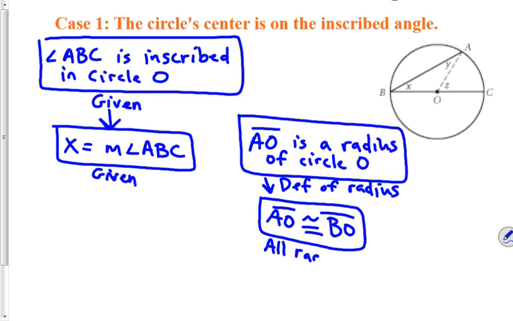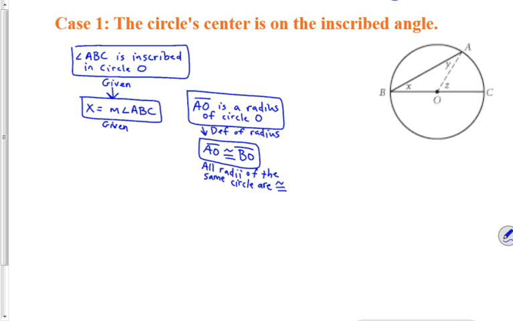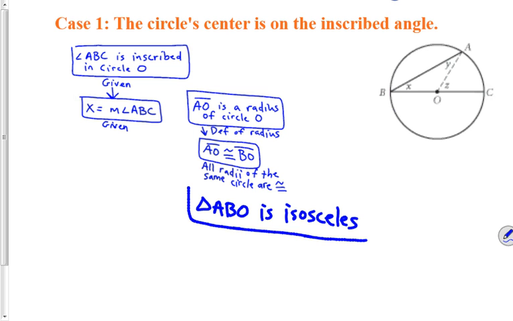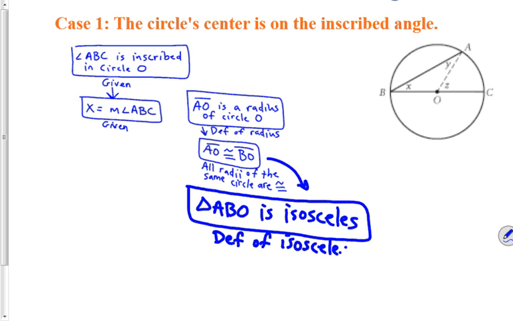All radii of the same circle are congruent. So triangle ABO is isosceles. So this would lead right down to here, and that's the definition of isosceles triangle.